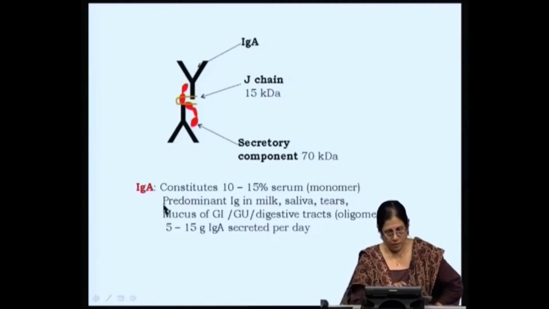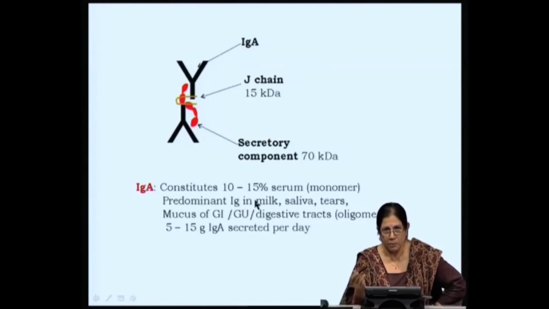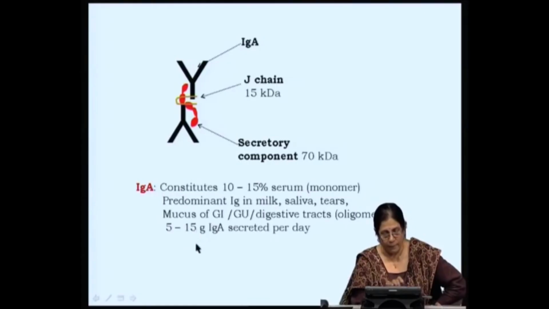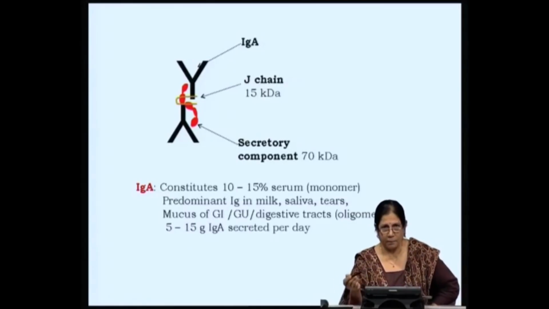Now, this is something quite interesting, though we know that in the serum is the IgG, which constitutes major part of the immunoglobulins, but it's the IgA which is secreted at the rate of something like 5 to 15 grams in humans, but most of it is secreted or transcytosed across epithelial barriers into body fluids.